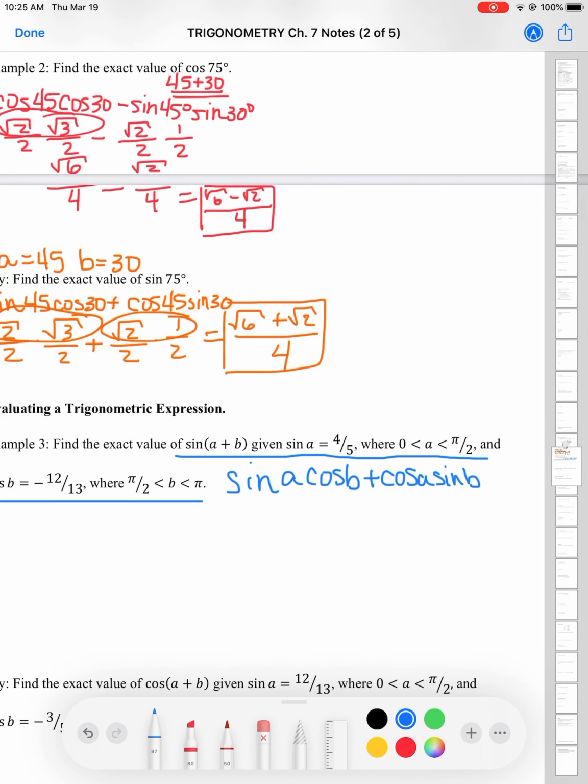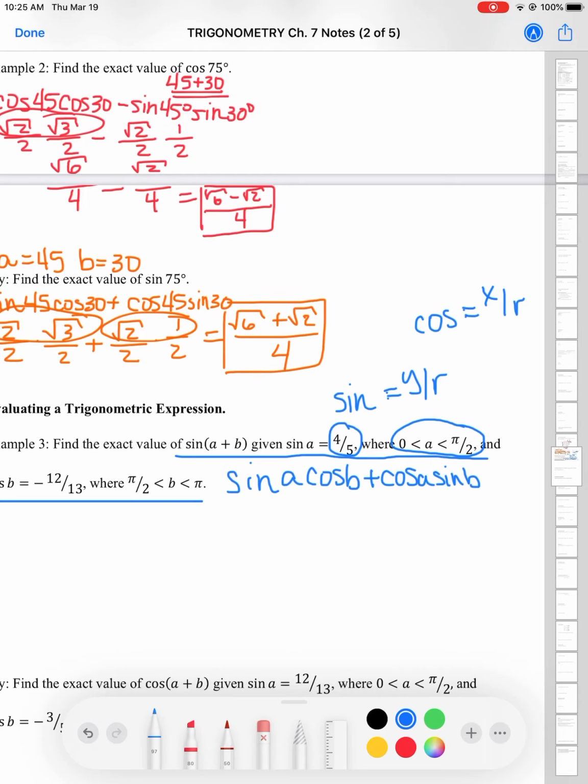Now, given sine A equals 4/5. Now, remember, sine is y over r, and cosine is x over r. It's meant to be an equal sign, by the way. This tells us quadrant 1. Remember, all our trig functions are positive in quadrant 1. So, 4 over 5.